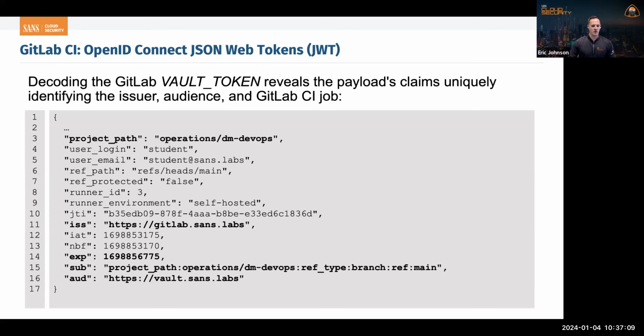And there's a couple of them that you can use. One might be any pipeline inside of all of this DevOps repository. You also in the subject can get more granular here, which would be which branch is the CI pipeline running off of, or which tag is it running off of. And there's a lot of different things that you can start to narrow down scope for if you need to. So that's the composition of a token.